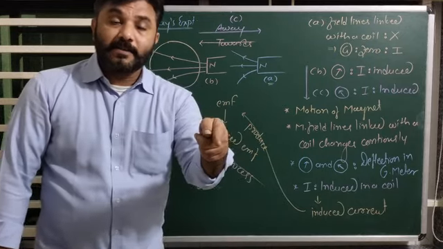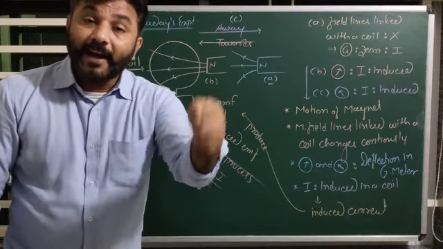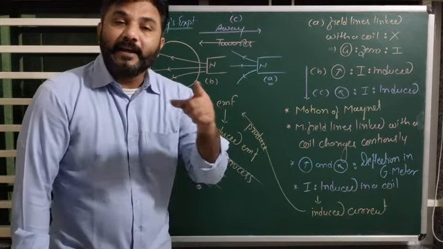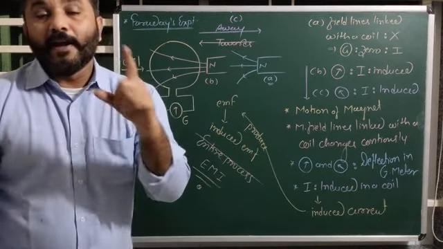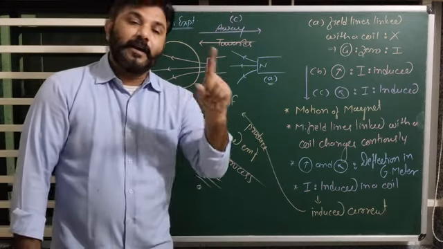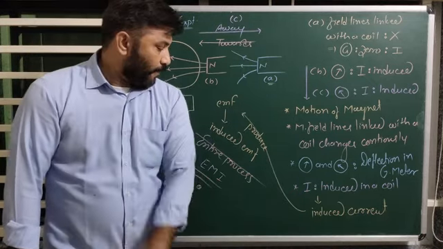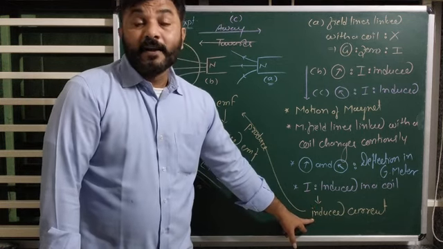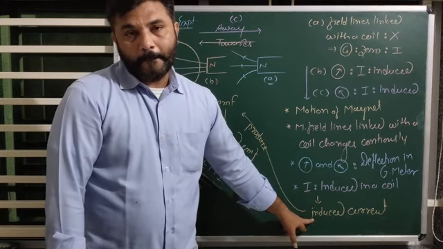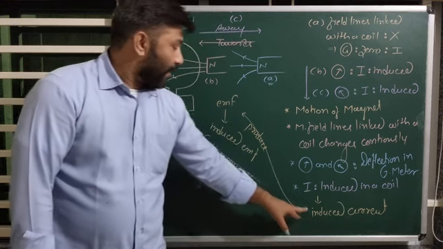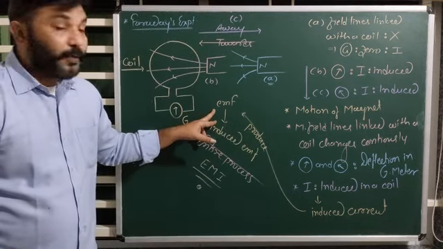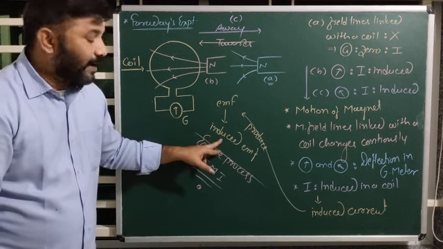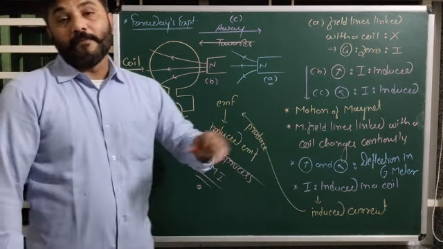The process of producing electric current with the help of magnetic field is known as electromagnetic induction. And the electric current which is induced is known as induced current. Due to this induced current, EMF is produced in a coil, that EMF is known as induced EMF.